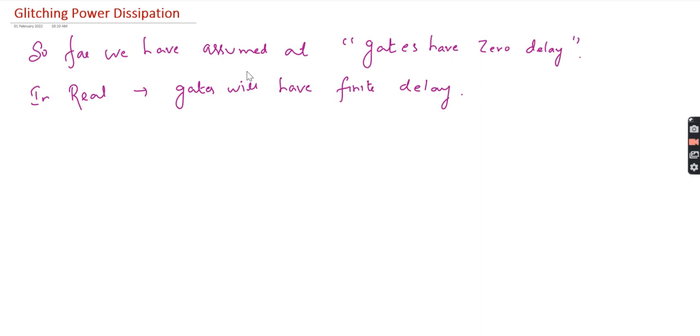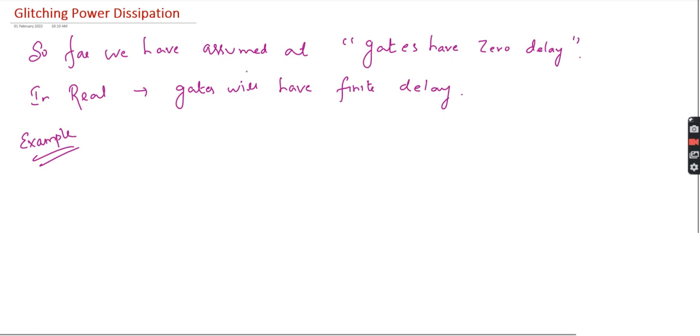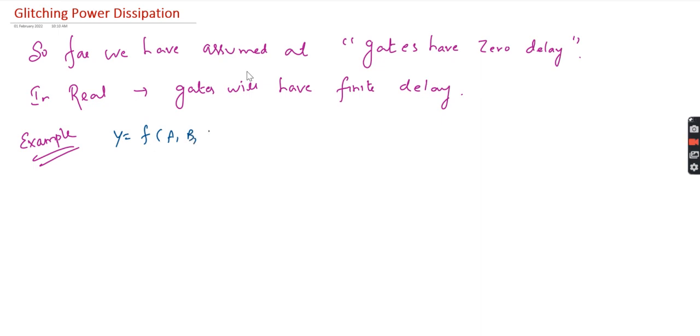Like in the case of static CMOS circuits. Let me take an example, the realization of y equal to A, B, C, D, that is a 4-input AND gate.